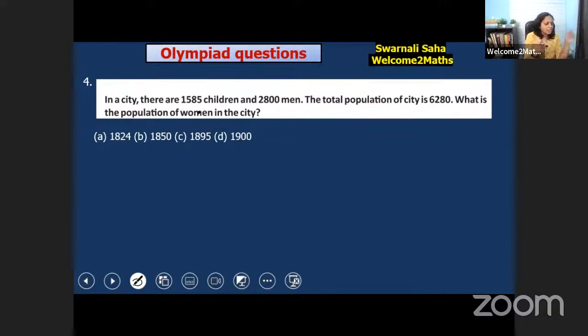Just add the number of children and the number of men, and then subtract from the total number, and then we'll get women. That's all. So it's very easy. We have to do 1585 plus 2800 and then subtract it from 6280.